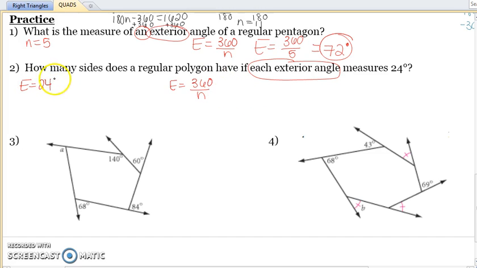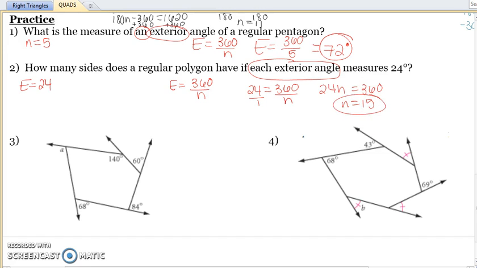We know E is 24, so we can replace E with 24, and nothing else changes. Okay, cool. We have our denominator. We don't want it, though. So let's do a little cross multiplying action. Multiply 24 by n. Multiply 1 by 360. So n is equal to 15. That's our number of sides.